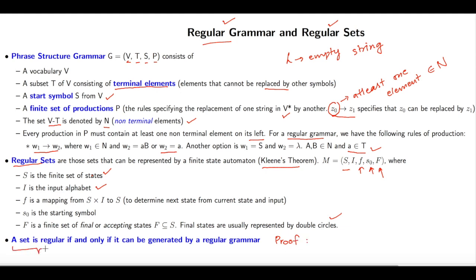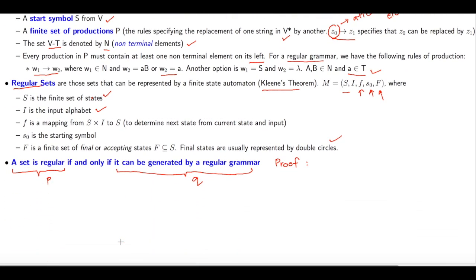Let's say this part is P and this part is Q. For the first part we prove Q implies P. In other words, what do we want to prove? We want to prove that if this, then this.